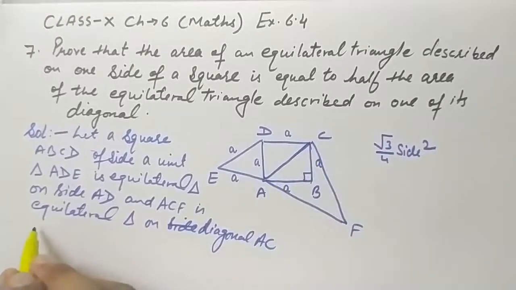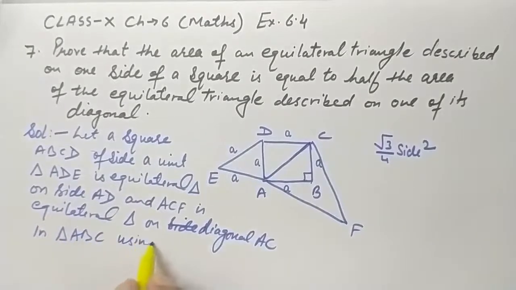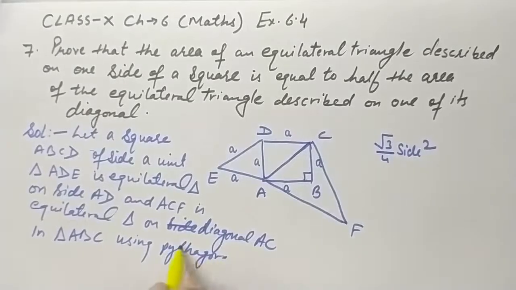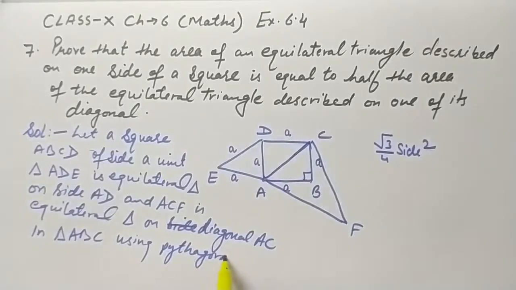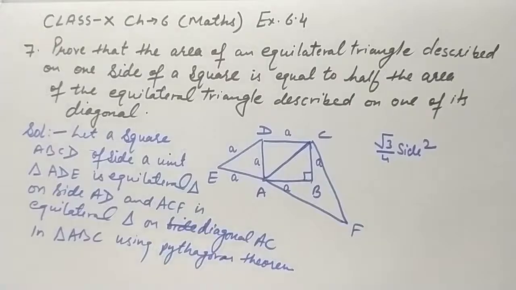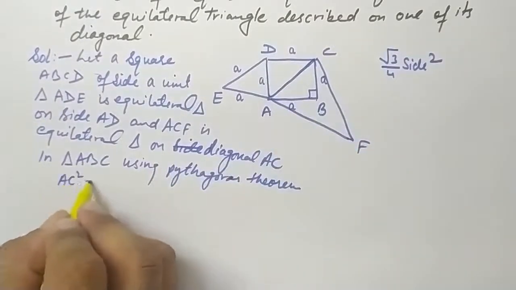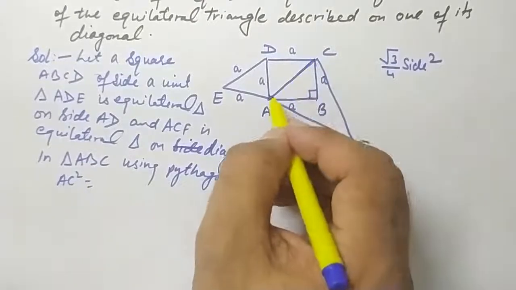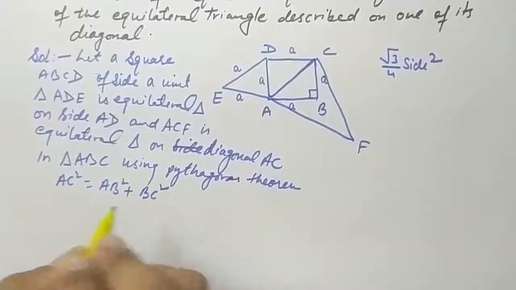So we'll write here, in triangle ABC using Pythagoras theorem, because this is a right angled triangle. Each angle of this square is 90 degrees. So let's apply Pythagoras theorem. AC square is equal to, means hypotenuse square is equal to base square plus perpendicular square.